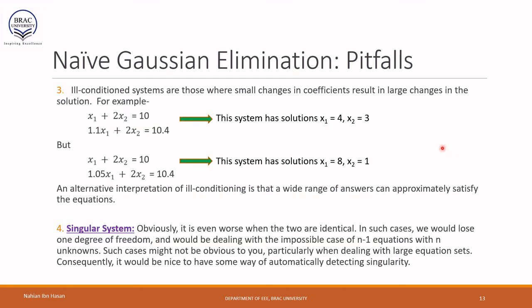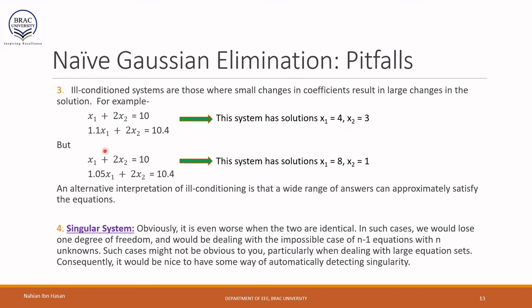Also, there is a third pitfall, which is due to the ill-conditioned system. For example, look at this. This is a system of two equations. The first coefficient is 1, and the first coefficient of the second equation is 1.1, and if we use the naive Gaussian elimination approach and solve for the unknown variables, we will get these results: x1 equal to 4 and x2 equal to 3.